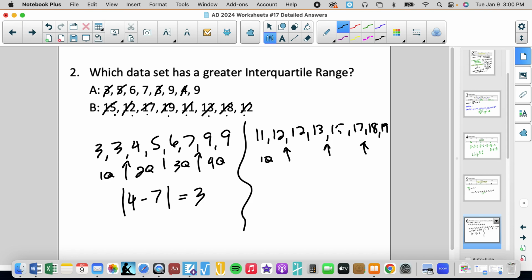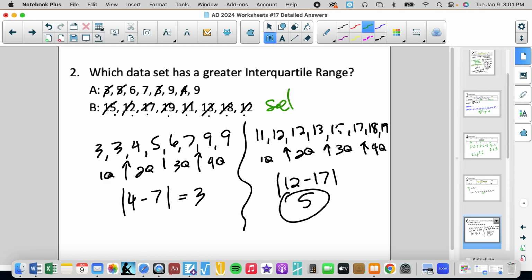So this is 1st quartile, those 2 numbers, these 2 numbers, 2nd quartile, 3rd quartile, 4th quartile. So we're going to take the range from 12 minus 17, which gives you a 5 absolute value. So I'm going to say that B has the larger, greater interquartile range. Set B has the larger interquartile.